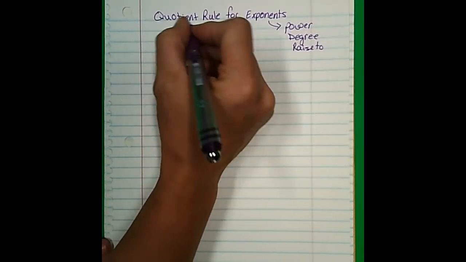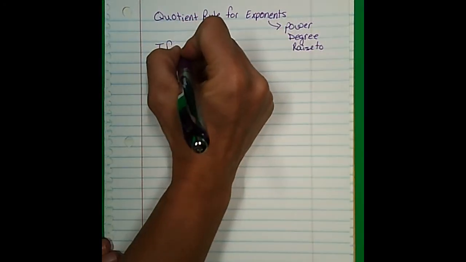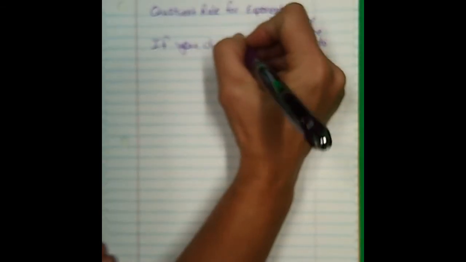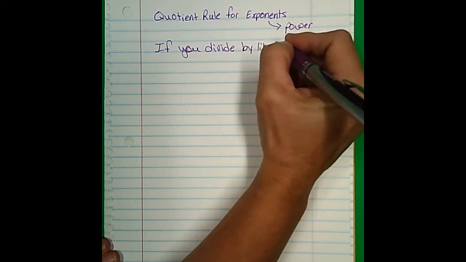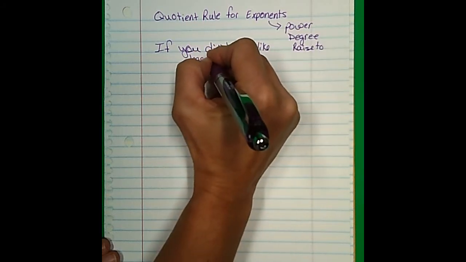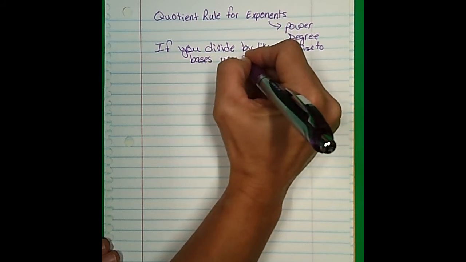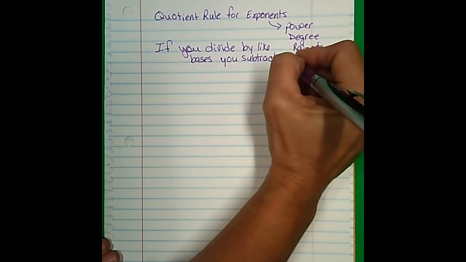So the quotient rule clearly states if you divide by like bases, you subtract the powers.